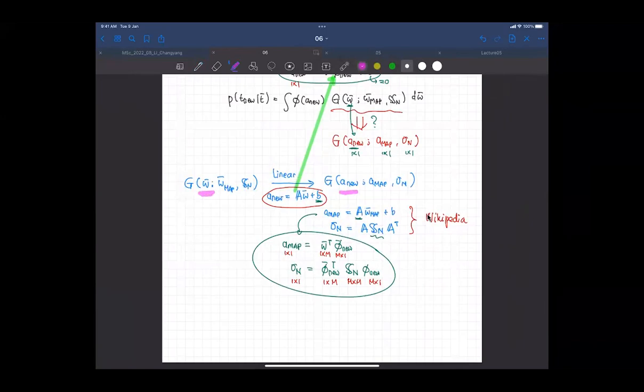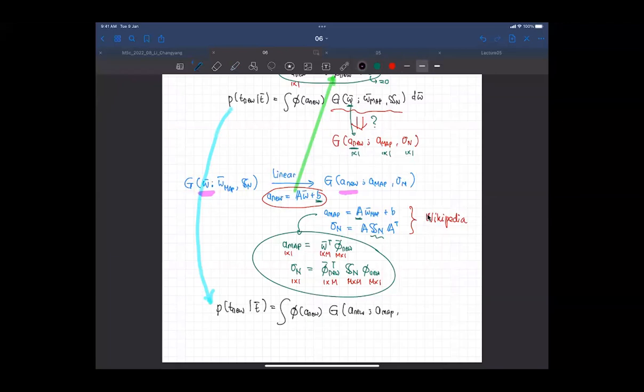Okay, so this is our expression if you want to transform the expression of W into A nu. If we have A nu, the whole point of the whole journey that we have here becomes P of nu given P bar equals the integral of phi A nu Gaussian of A nu, A MAP and sigma n, dA nu.